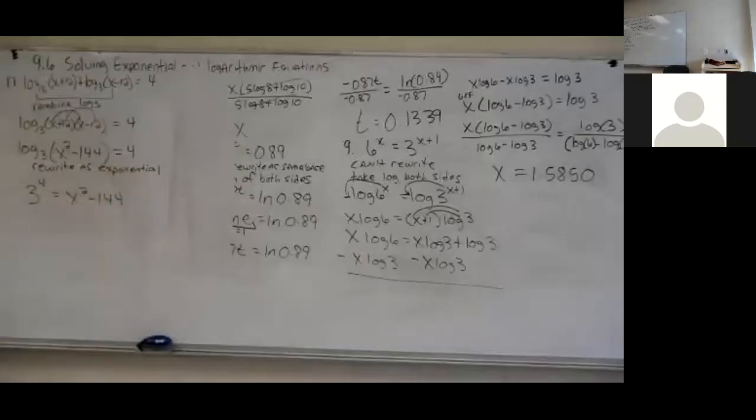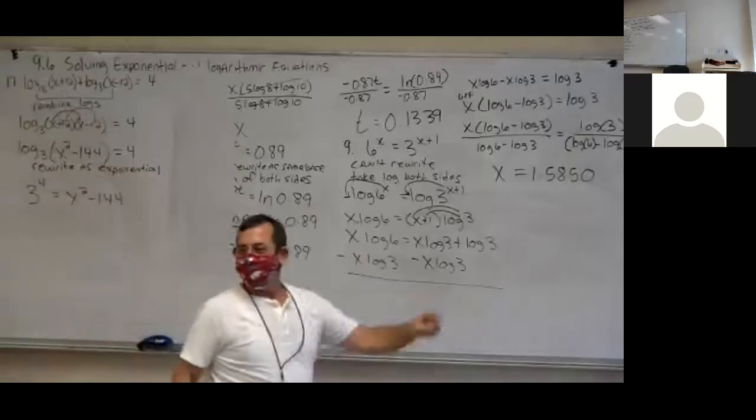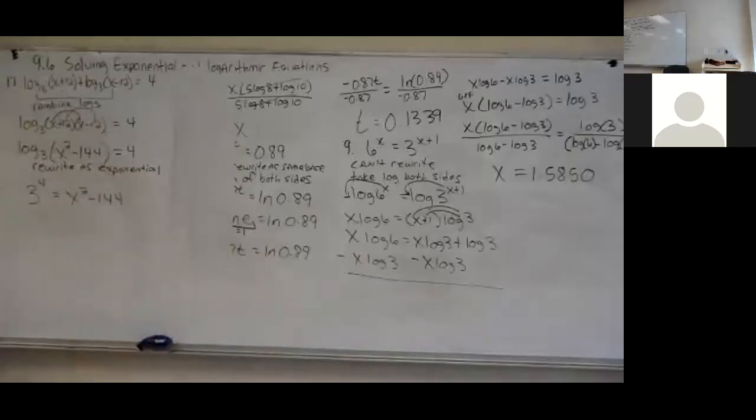So what is 3 to the 4th power? 81. 81, there you go. So I got 81 equals x squared minus 144.